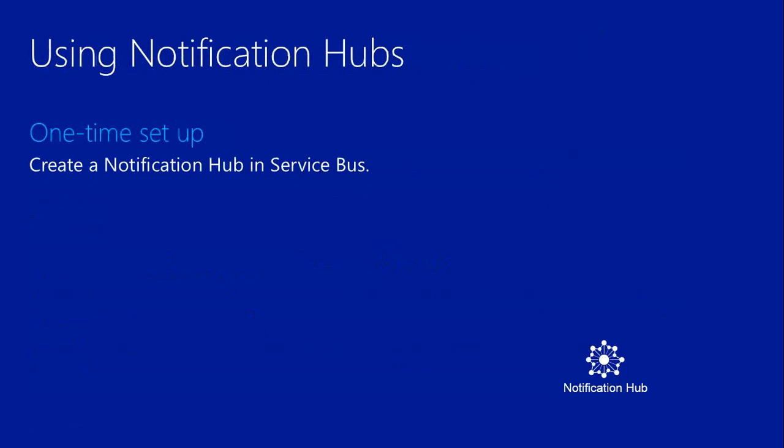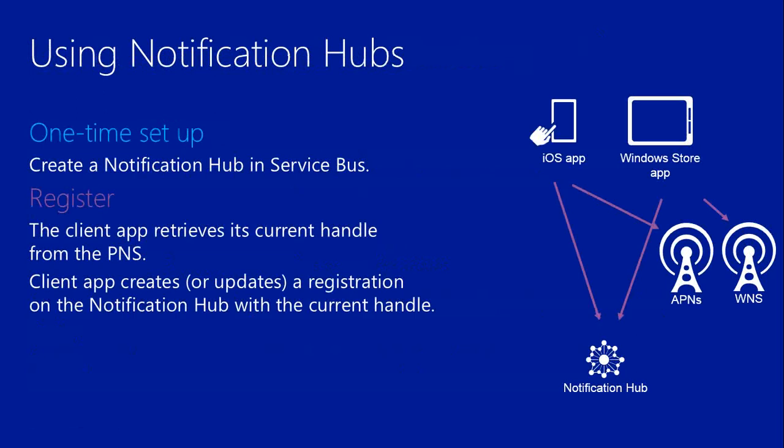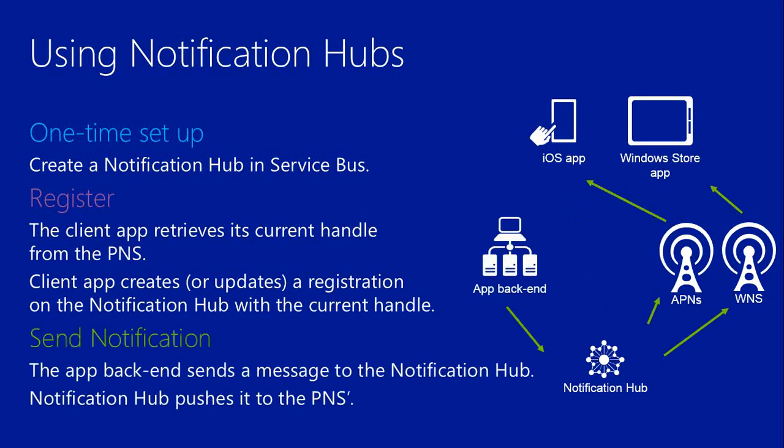Well, there is. We can use Notification Hub. You have to do a one-time setup. You have to create a Notification Hub in the service bus, which is Azure Service Bus. After the creation of the Notification Hub, you register. The client app retrieves its current handle from the PNS. This step remains the same as in the push notification lifecycle that we've seen earlier.